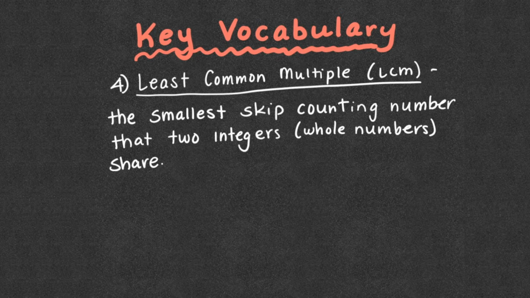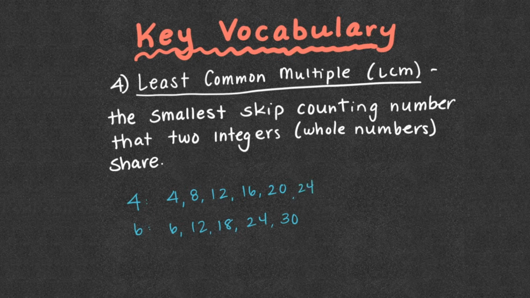So quick example, if we were going to look at, say, 4 and 6, if we counted by 4s, 4, 8, 12, 16, 20, and 6s, 6, 12, 18, 24, 30, and let's do one more for 4. Let's do 24.